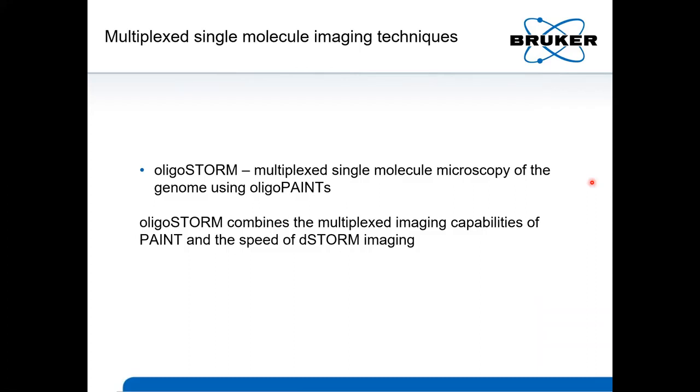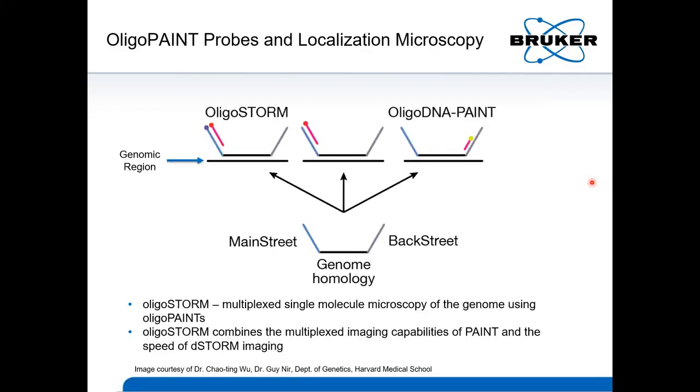A second multiplex imaging strategy is oligoSTORM, which is the application of Oligopaint probes to image the genome. This technique combines the multiplexing capabilities of Paint with the speed of dSTORM imaging.